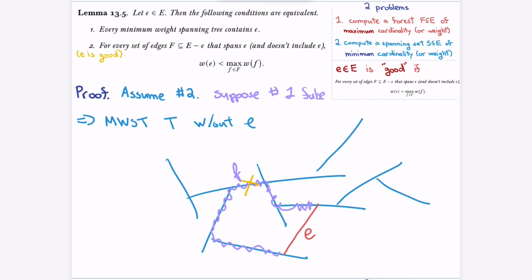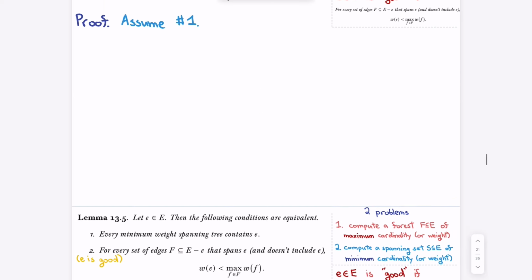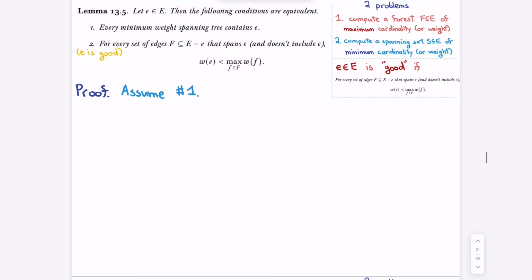If I take out this bigger edge, delete this, and then bridge it back together with E, the overall weight will go down because the weight of E is less than the weight of F. That can't happen if blue was really the minimum. Okay, good. So that's one direction. Let's do the other direction now. Suppose every minimum weight spanning tree contains E. I want to show that E is good.